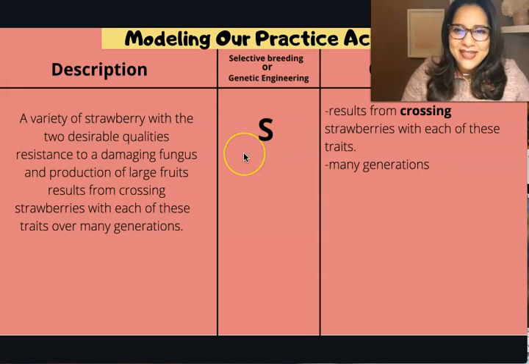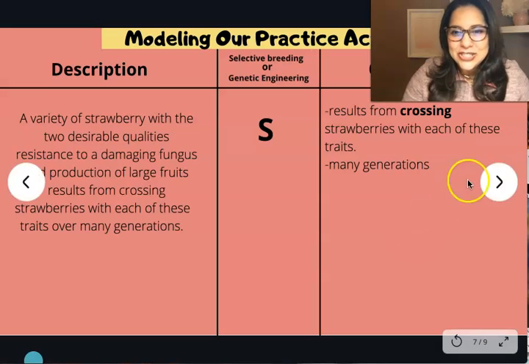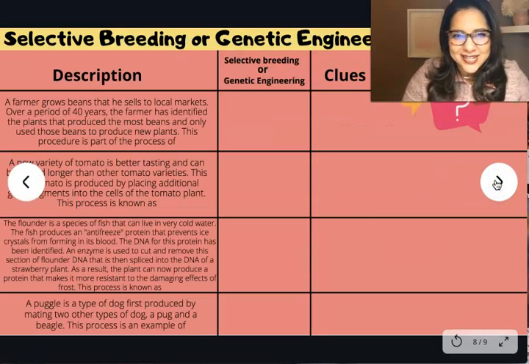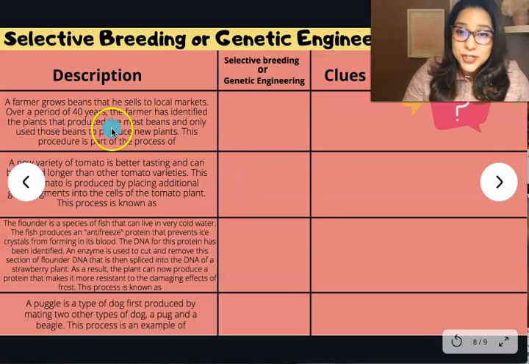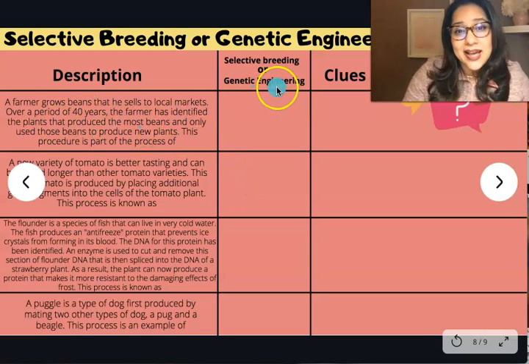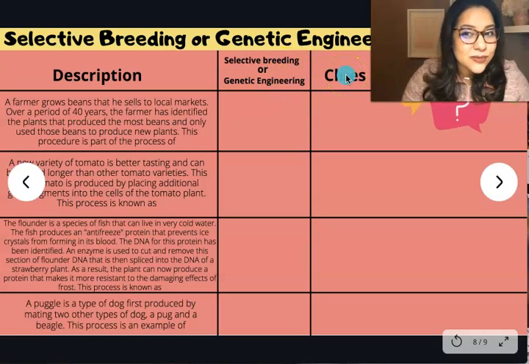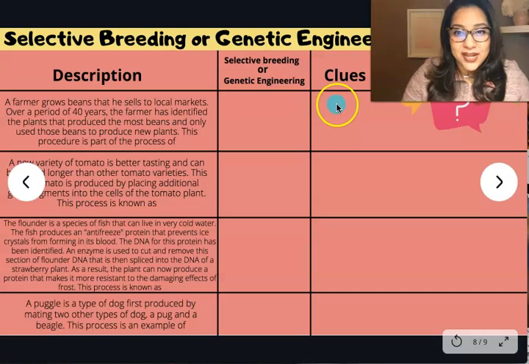I want you to try that out with the other examples as well, so that you can fine tune your skill of differentiating between both. So let's go to the following page. You'll see this very same format. There's going to be a description, and you have to decide if it's selective breeding or genetic engineering based on some clues that you're going to pick out from your reading.